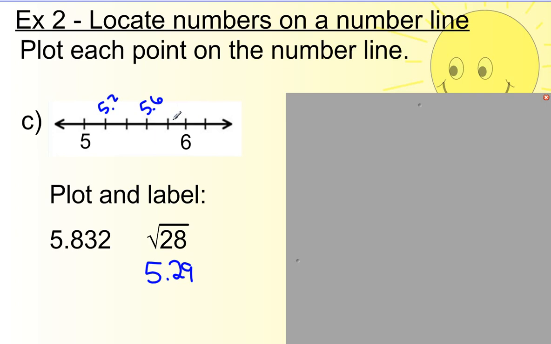So 5.832 would be like just over 5.8. And 5.29, well, if this is 5.2, and this one would be 5.4, 5.3 is here, 5.29 would be just a little bit less than that.